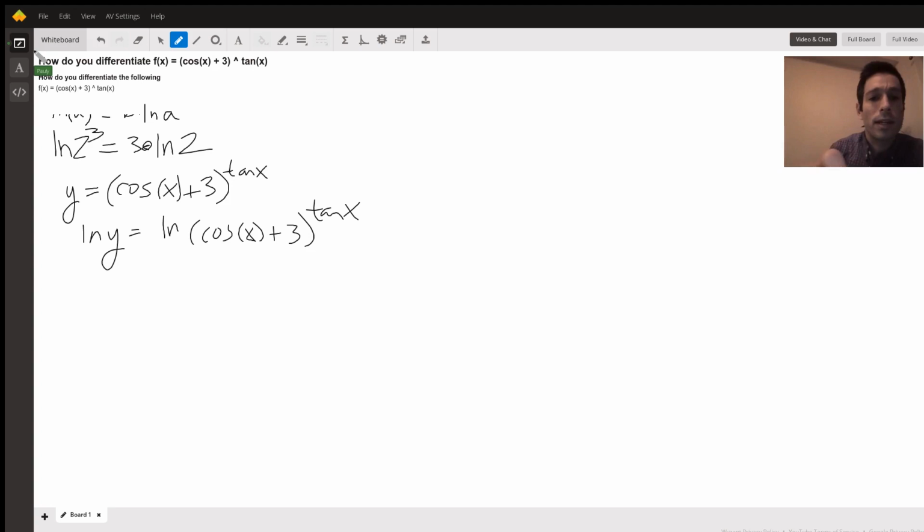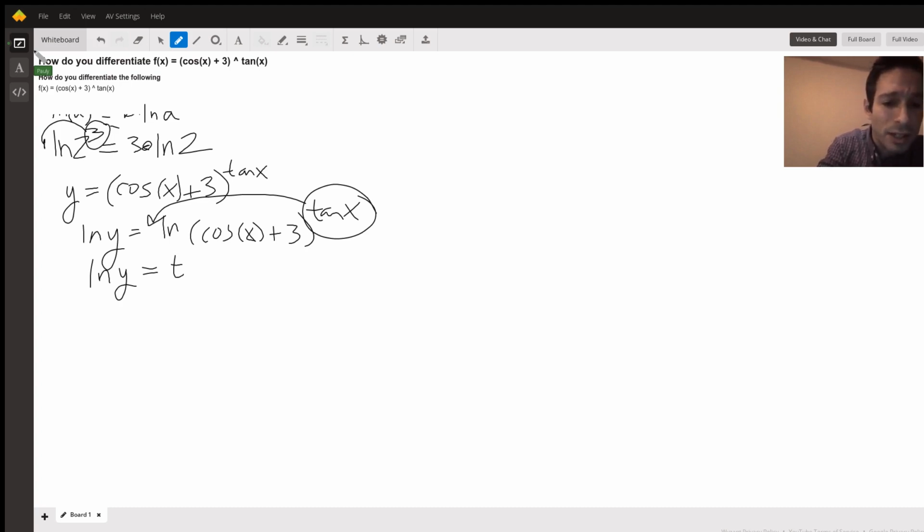At this point, just like I took the 3 and threw it down, I'm going to take the tangent and do the throwdown rule. So the ln of y equals tangent of x times the ln of cosine of x plus 3. Perfect. That was the critical thing here.